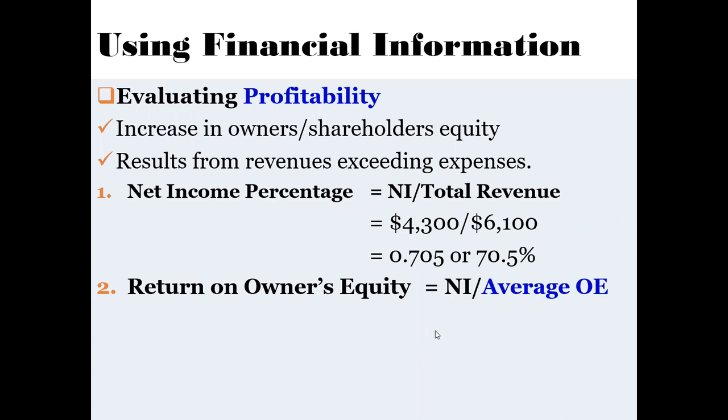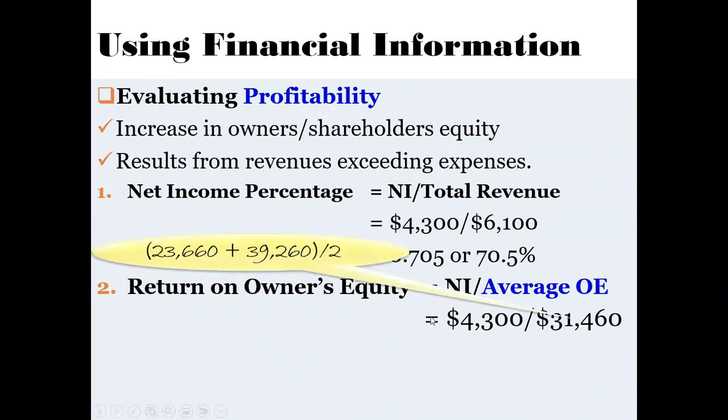So let us substitute our net income, which we know is 4,300. Yes? And we divide it by that average owner's equity, which we know is the beginning of 23,660 plus the ending of 39,260 divided by 2.